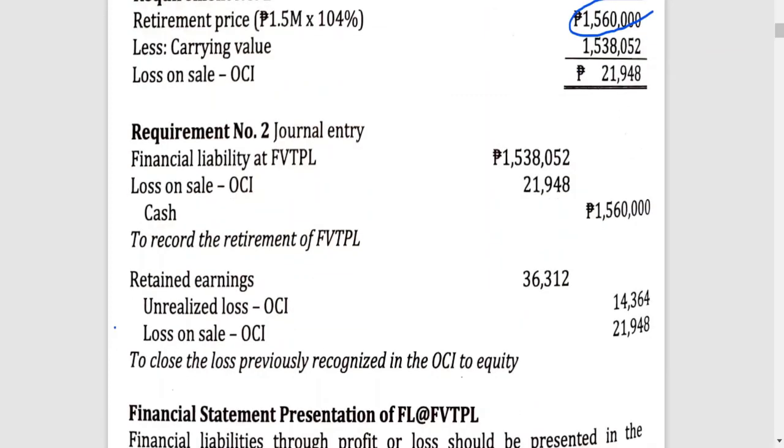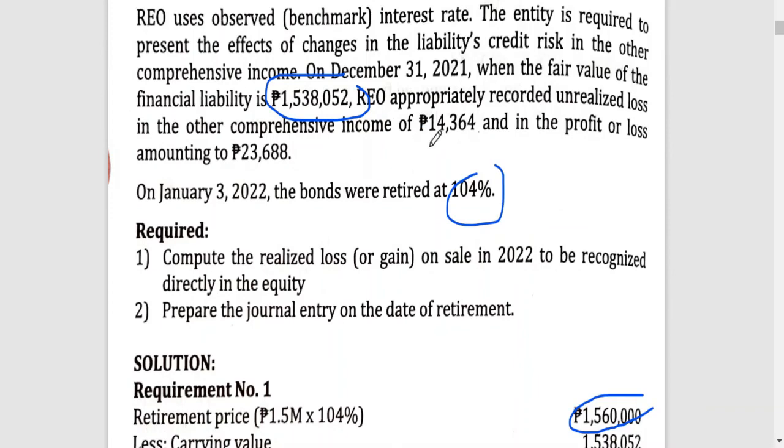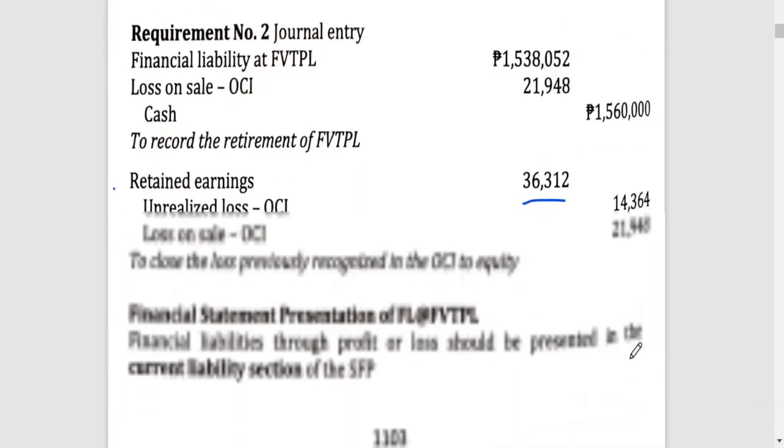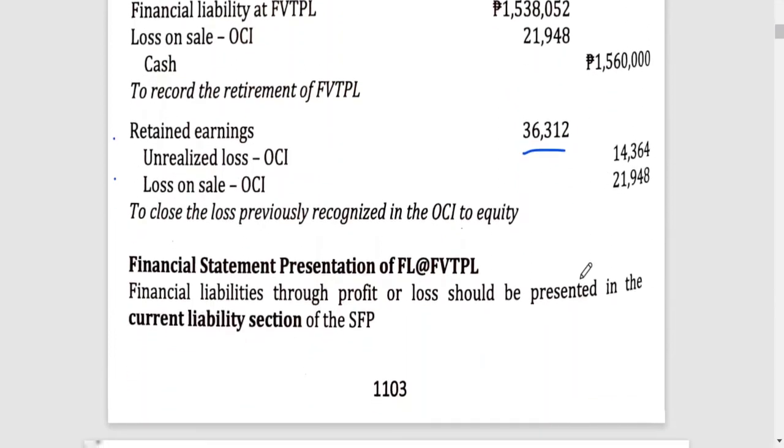1,560,000. Then, to close the loss previously recognized in the OCI to equity, we debit retained earnings 36,312, which is the sum of the previously recognized unrealized loss in the OCI, 14,364, and the recent loss on sale, 21,948, for a total of 36,312.